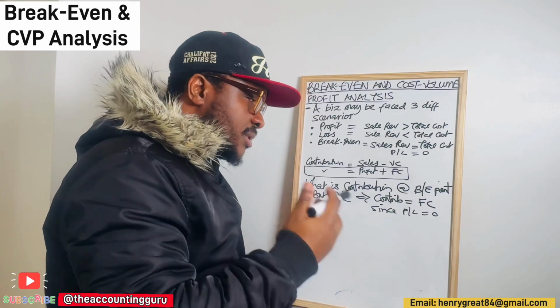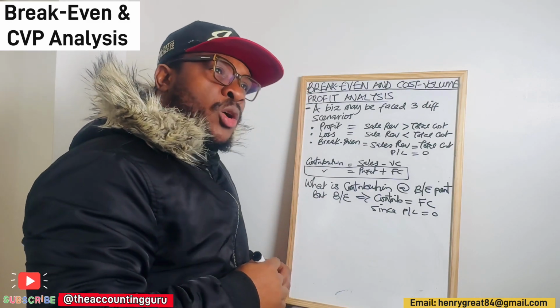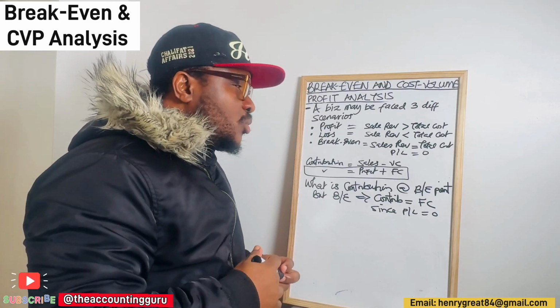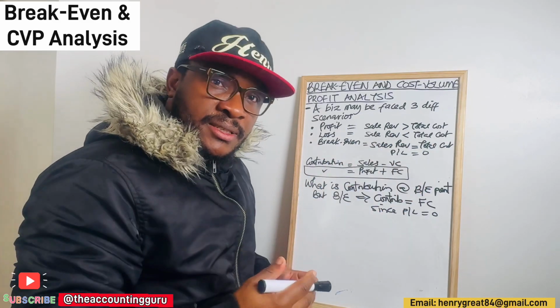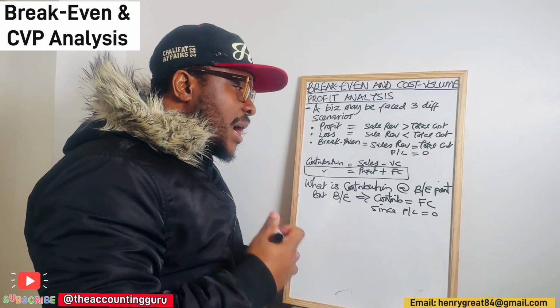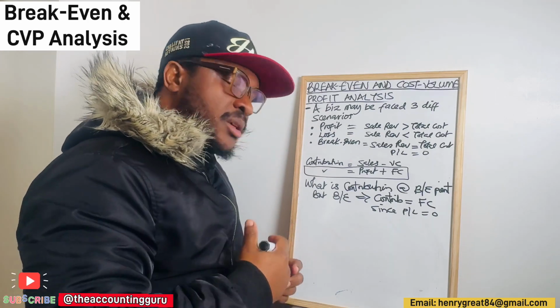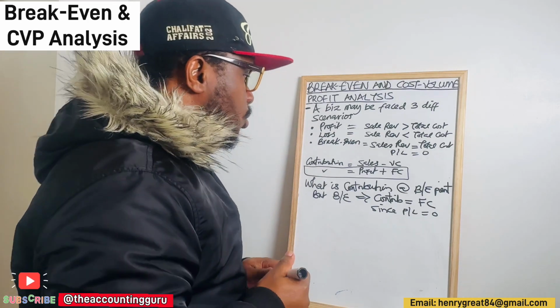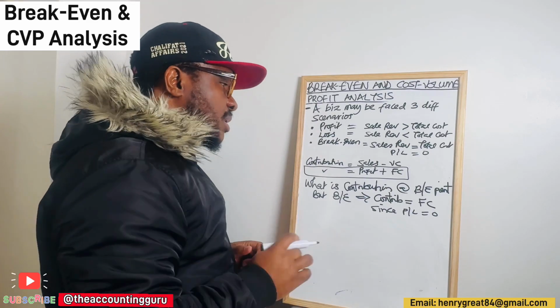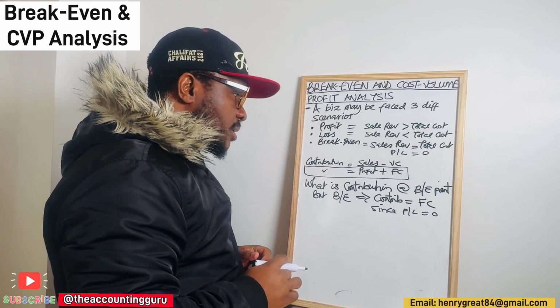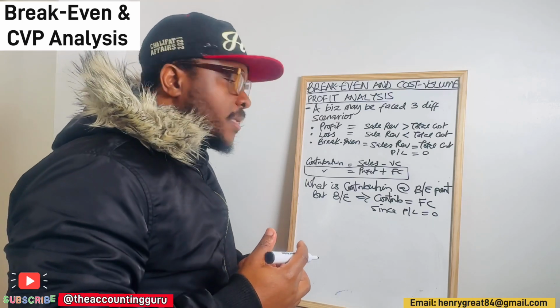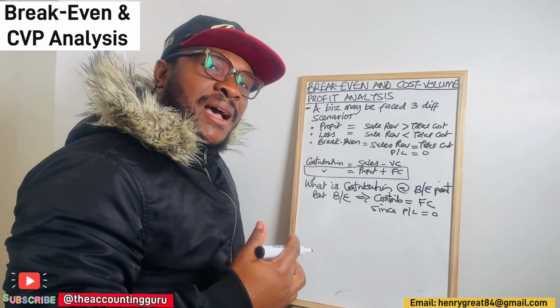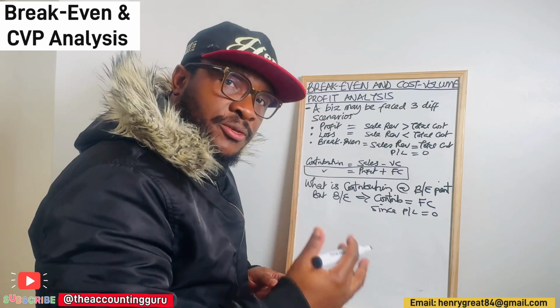Determine break-even sales, or determine the sales at which total revenue and total cost are the same. So how would you calculate break-even sales? Let's calculate sales at a predetermined profit.